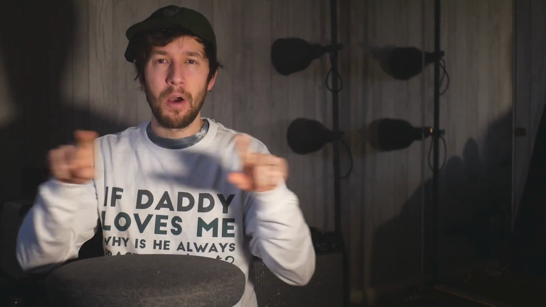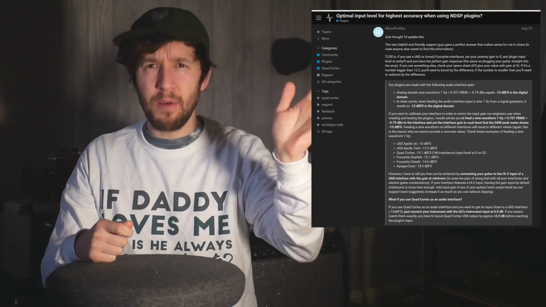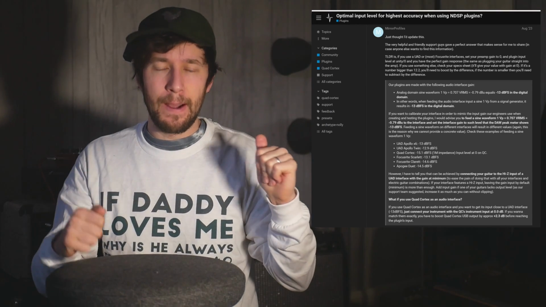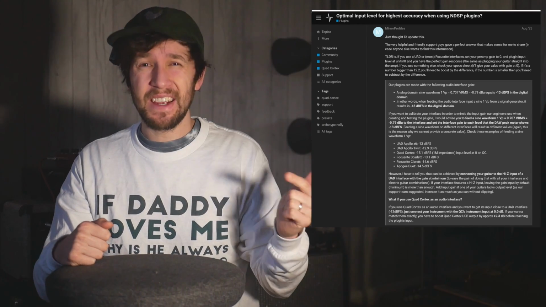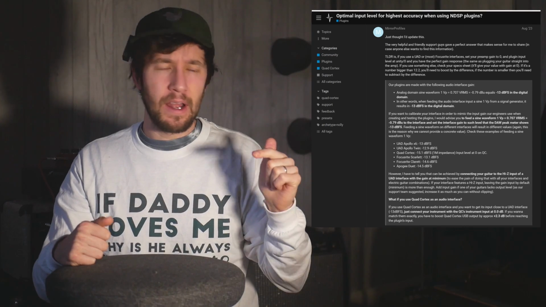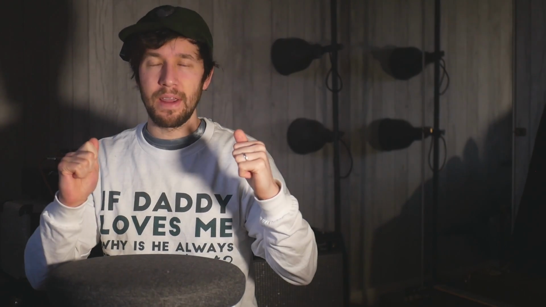There is a baseline that they set internally that they make their plugins to. For Neural DSP, I think it's minus 12.2 is the number. I think Line 6 use a different number, and that is the case for most plugin manufacturers. This is the level at which they are firing a signal into the plugin.